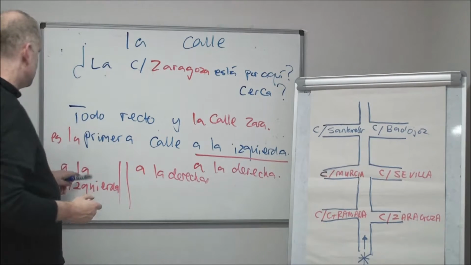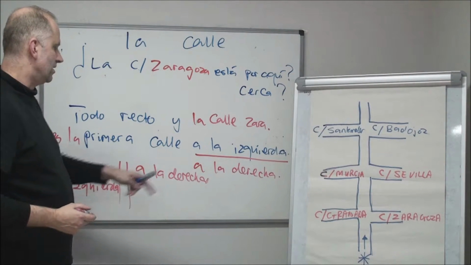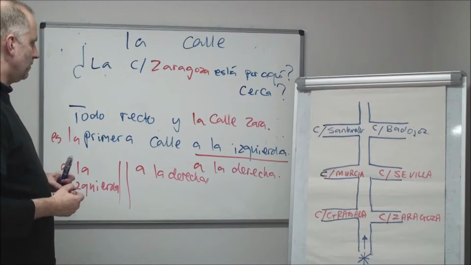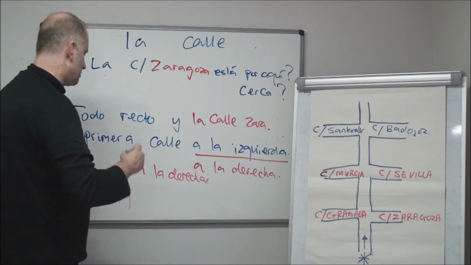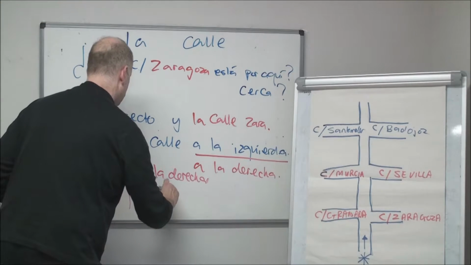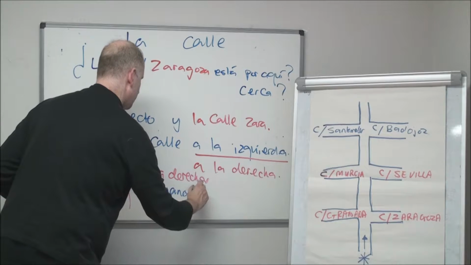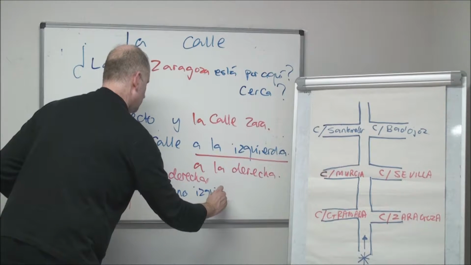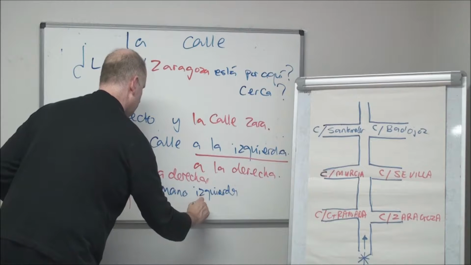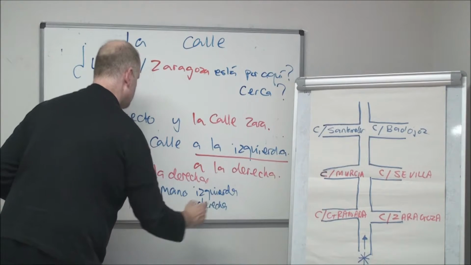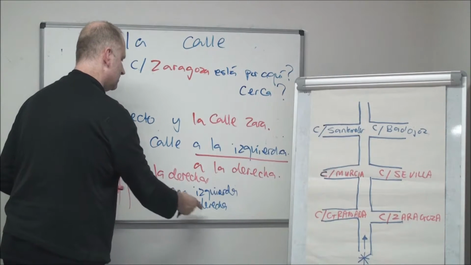Okay, so it's la izquierda and la derecha, and they're feminine. You might think, well, why are they feminine? So it's basically what you're saying is la mano izquierda or la mano derecha. So you're saying the left hand or the right hand.